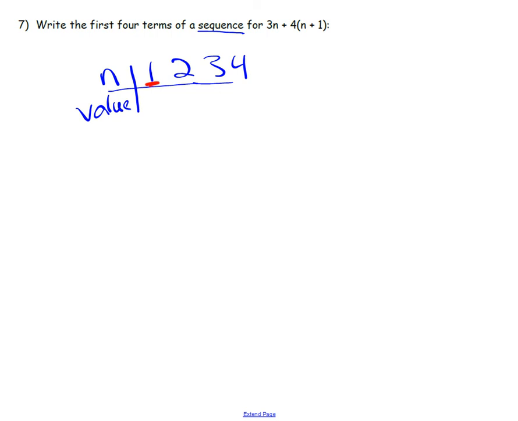We start with n equals 1, and anywhere we have n in our little expression, we're going to replace it with a 1. So we have 3 times 1 plus 4 times 1 plus 1.